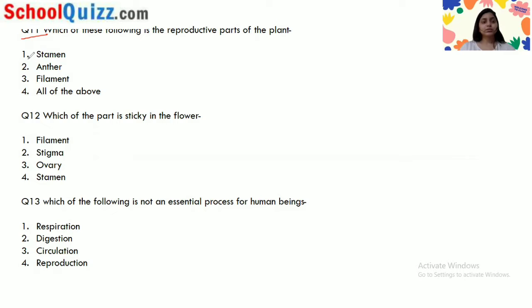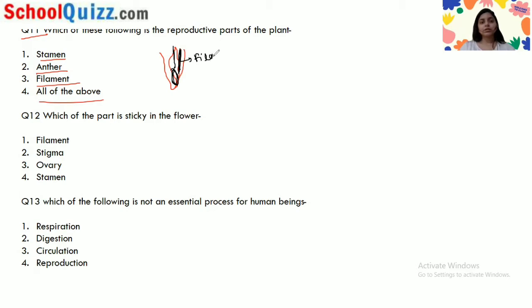Option number 1, you have the stamen, then anther, filament, all of the above. So what is the reproductive part of the plant? Anther, filament, stamen. Yes, all are reproductive parts of the plant. Basically, in a flower, this is a filament.